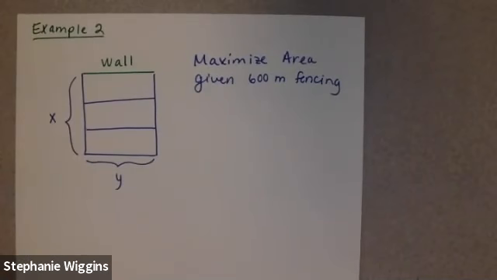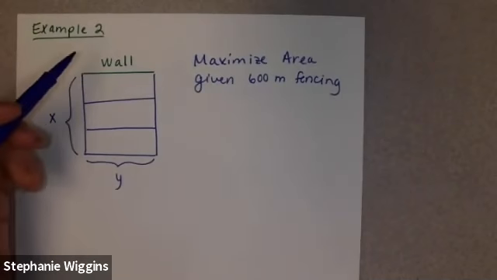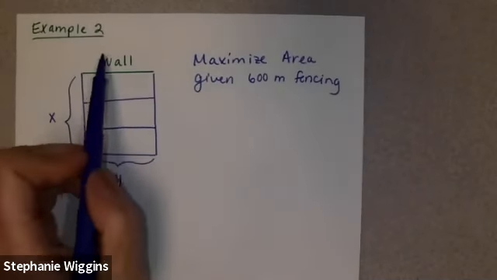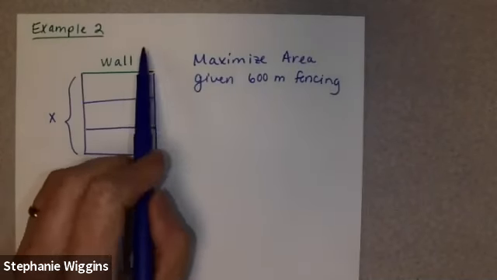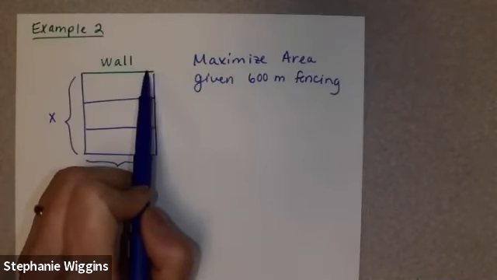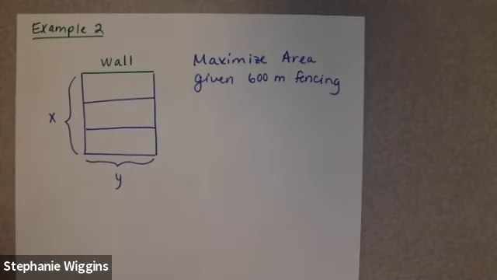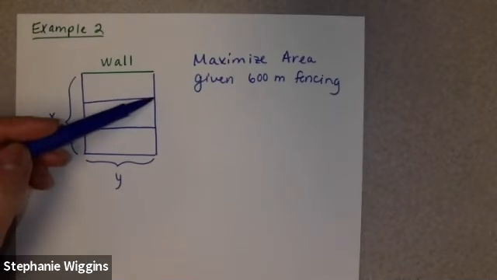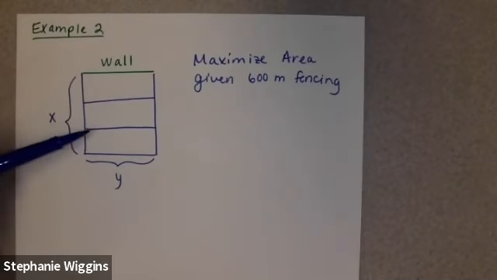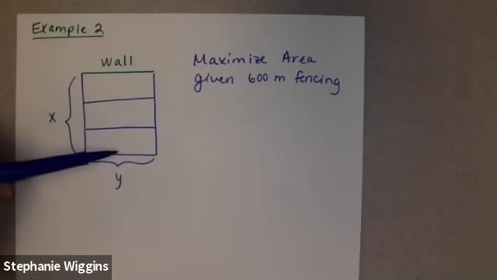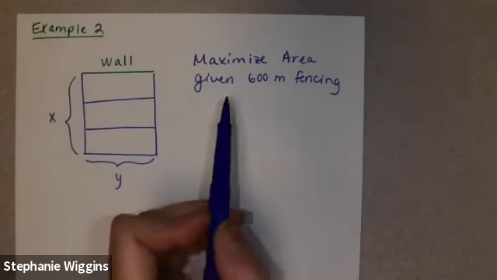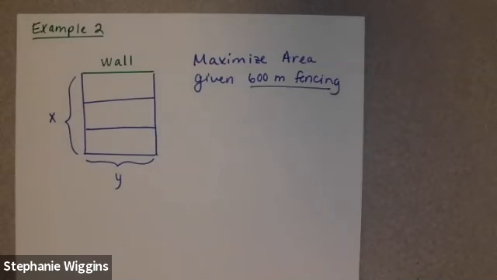And here we have a farmer that is constructing a pen, and this wall is some sort of building like a barn or something. So this side does not need fencing because it's a wall, but he wants to construct a pen that is subdivided like this, and it has a length and a width, and he has 600 meters of fencing.